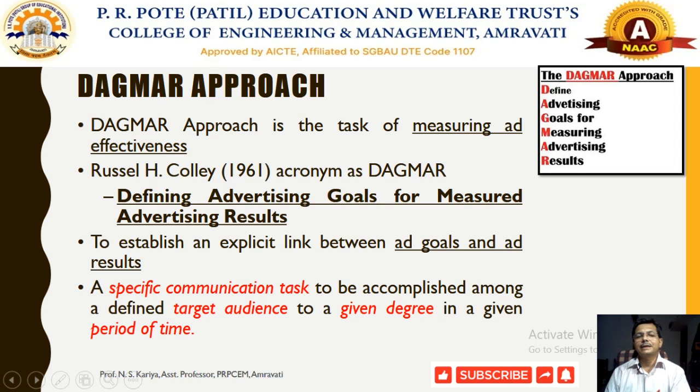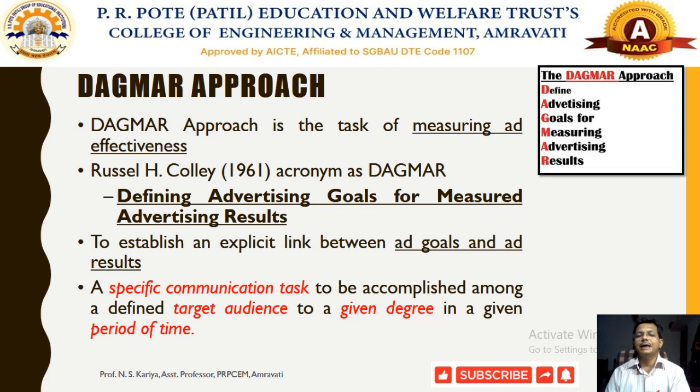The next topic is called the DAGMAR approach. The term DAGMAR has been defined as defining advertising goals for measured advertising result. Now once we came to know our advertisement objective, how to define it so that we can fulfill our communication objective.